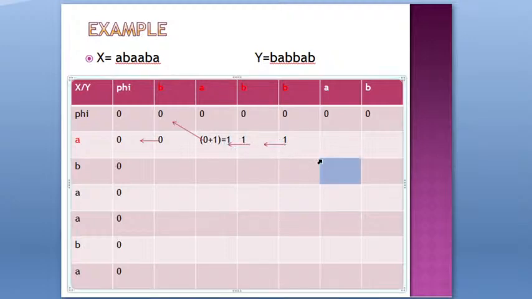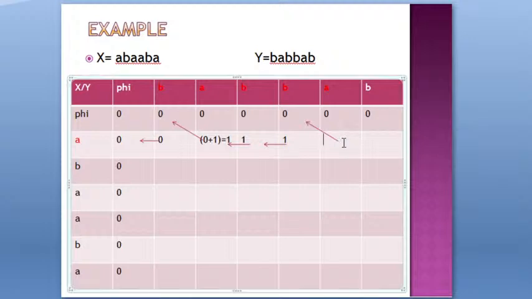Okay? Now next, A with A. Again it is matched. If it is matched, you need to take the diagonal element.